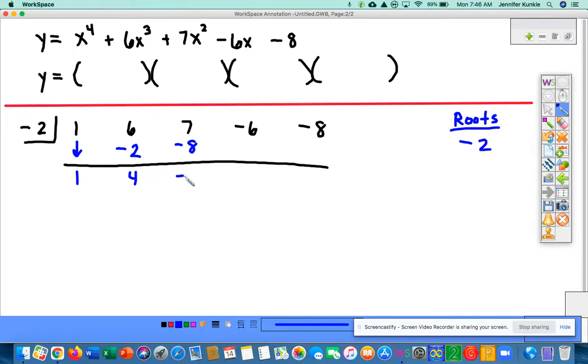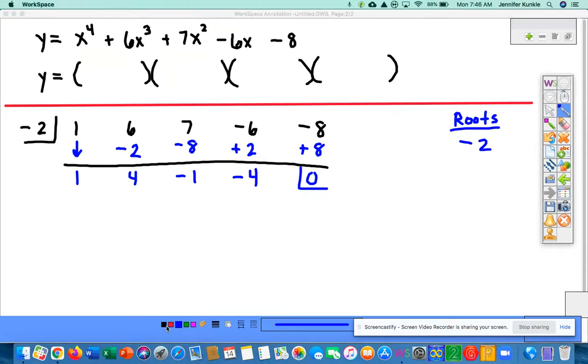Adding those together gives us -1. -2 times -1 is +2. Adding those together gives me -4. -2 times -4 is +8. And that does give us 0.